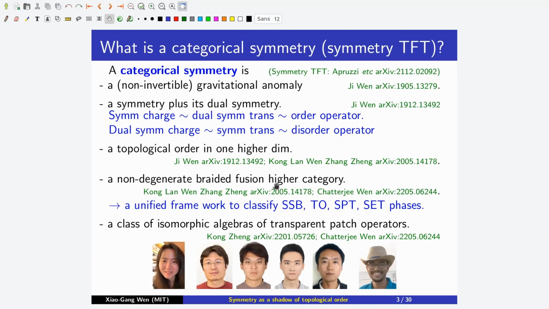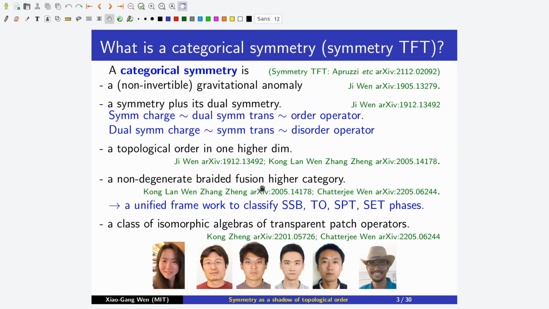The point is that when you combine symmetry and dual symmetry together, we no longer can use group theory or even higher group theory to describe them. So we need a new mathematical formulation. This new mathematical formulation happened to be this non-degenerate braided fusion higher category. So that describes this symmetry.